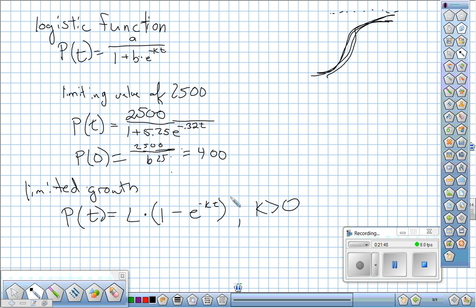My horizontal asymptote will be here, and it will grow steeply like that from your initial amount. Whereas this one grew kind of slow and then really fast, and then evened off. Different types of populations grow in different ways.